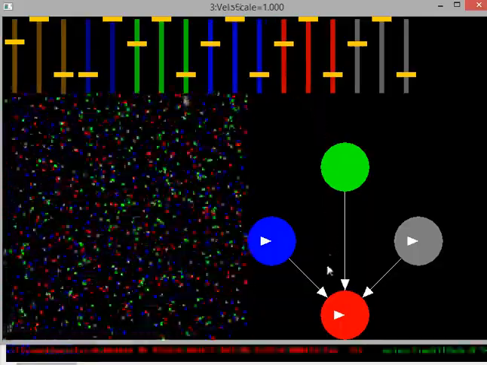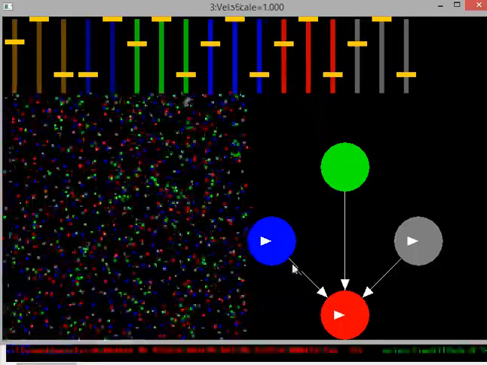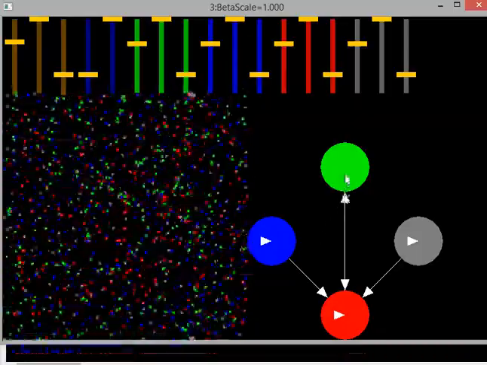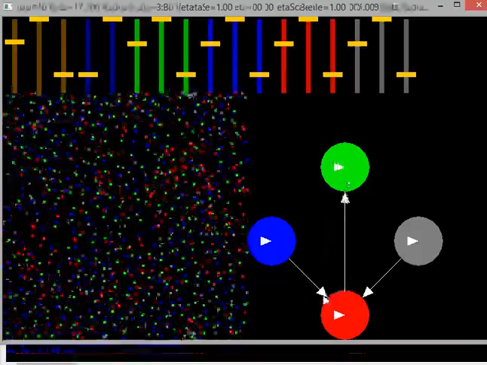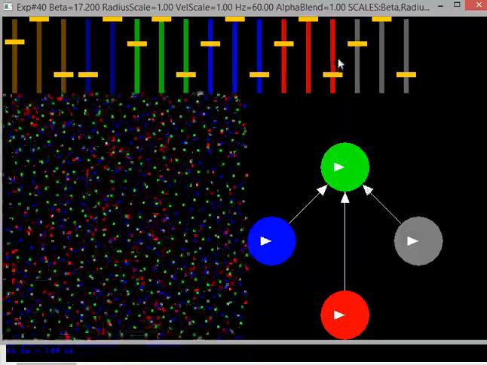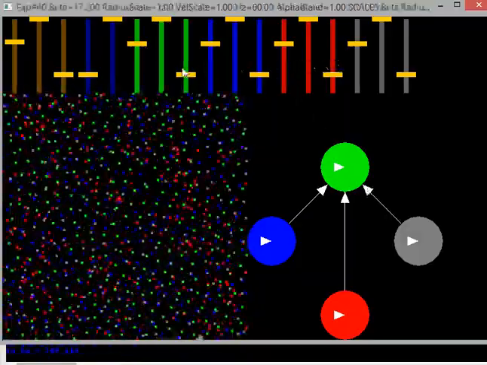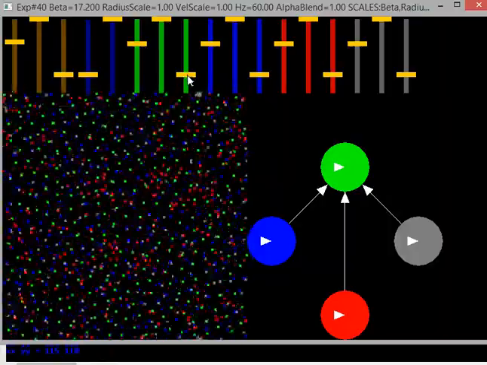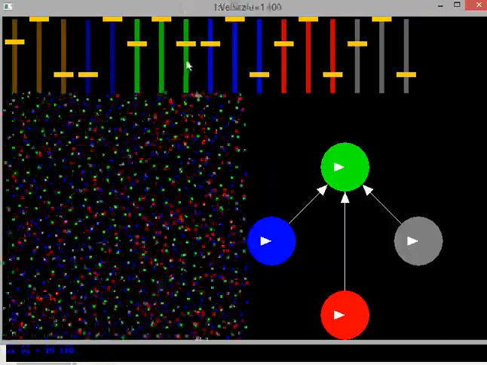Nope. Let's try that on green. Nope, that makes sense. Particles are symmetrical.